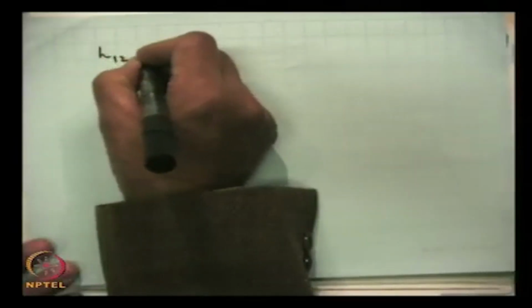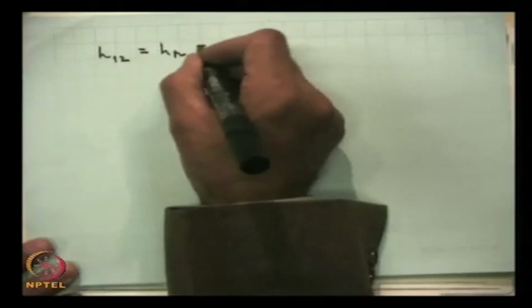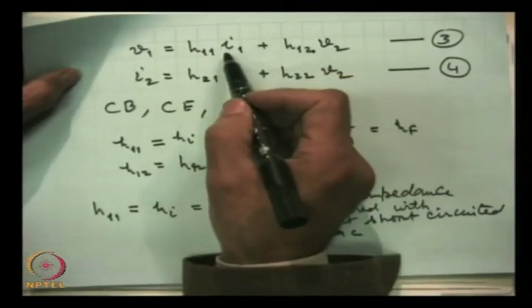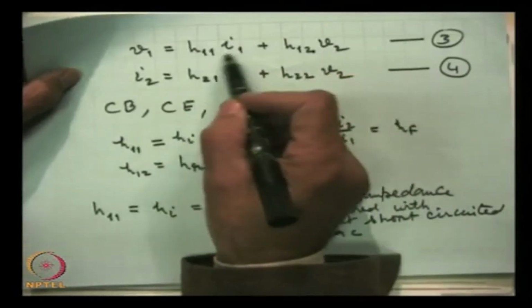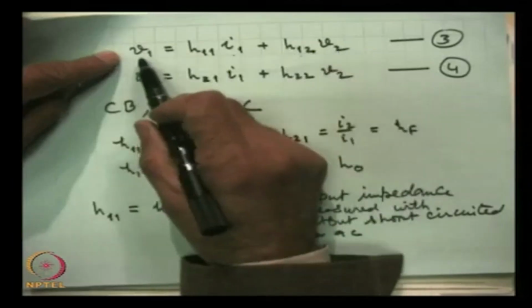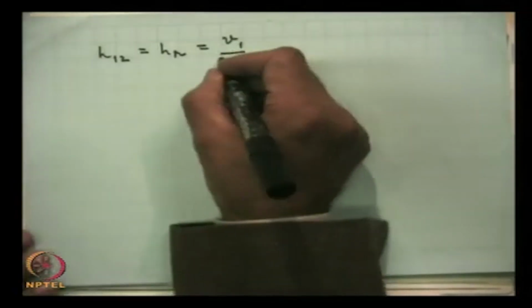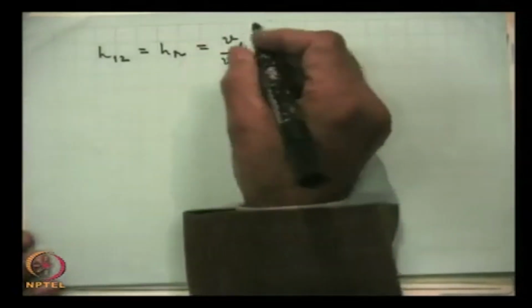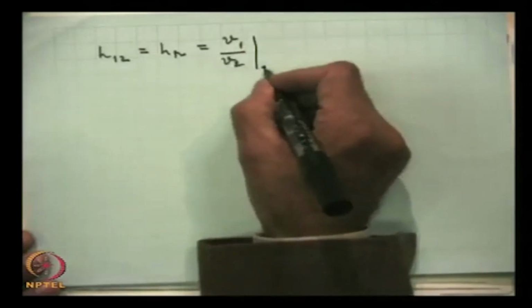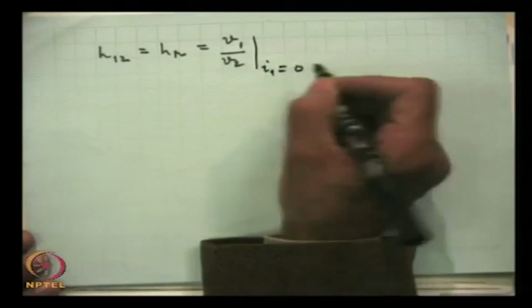H12, which is the reverse, and this is the ratio, again from equation 3. If I1 is 0, then this ratio H12 comes out to be V1 by V2, under the condition that I1 is 0.